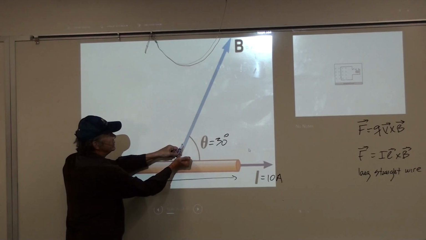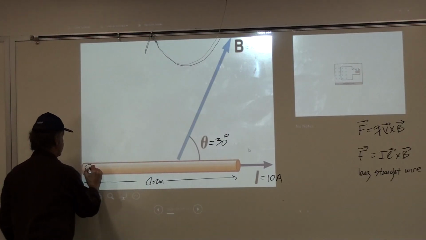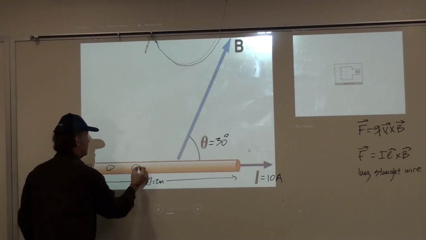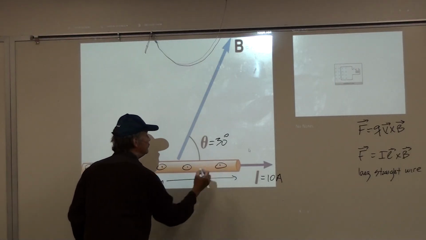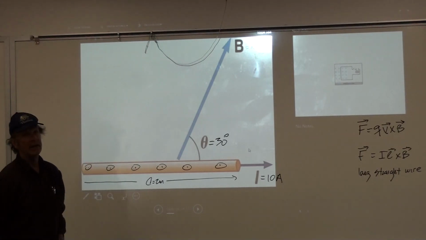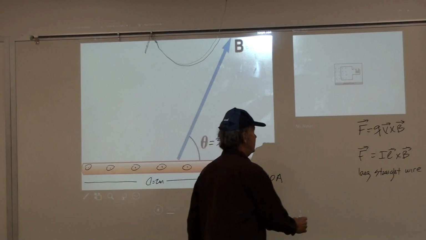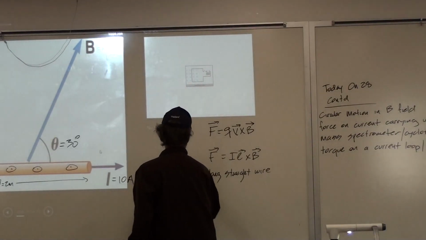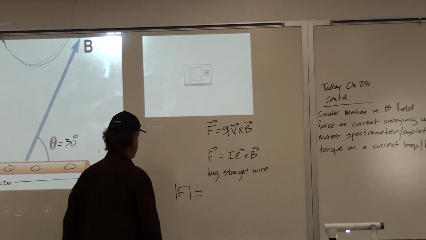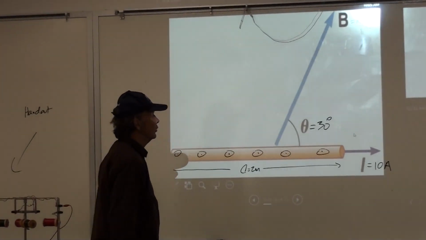I'm curling my fingers toward the head of the B vector, and that gives me a force that's out of the board and is uniformly distributed along the entire length of the wire. Okay, and so that force for this example would be equal to the magnitude. We don't care about the direction anymore. We got the direction. It's out of the board.